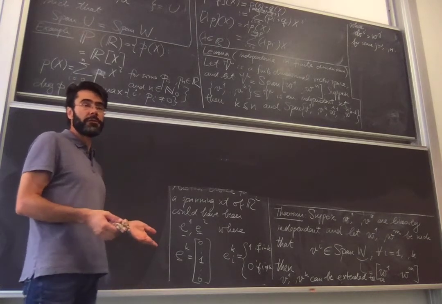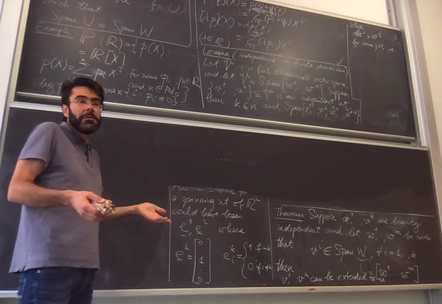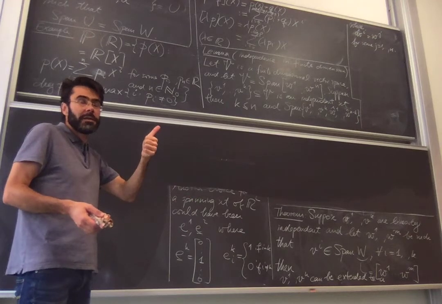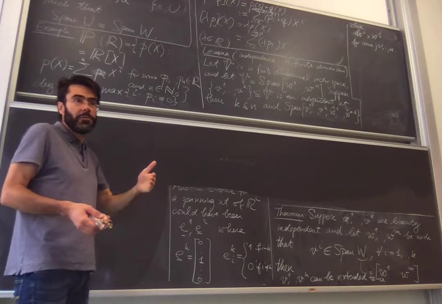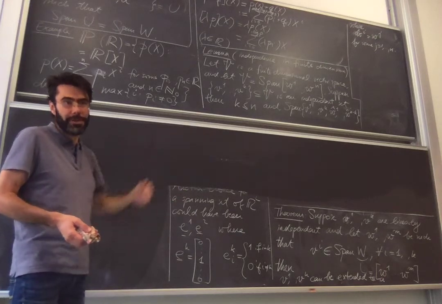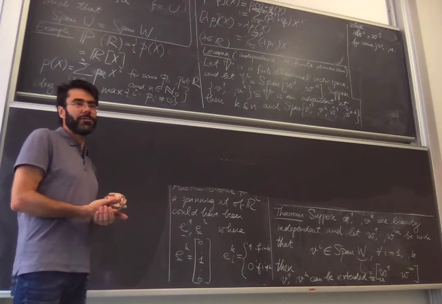Because if they contain the 0 vector, then you're going to find a coefficient, say 1 for the zero vector and all the other ones 0, which nullifies the linear combination. So you found already a nontrivial solution to the linear system.